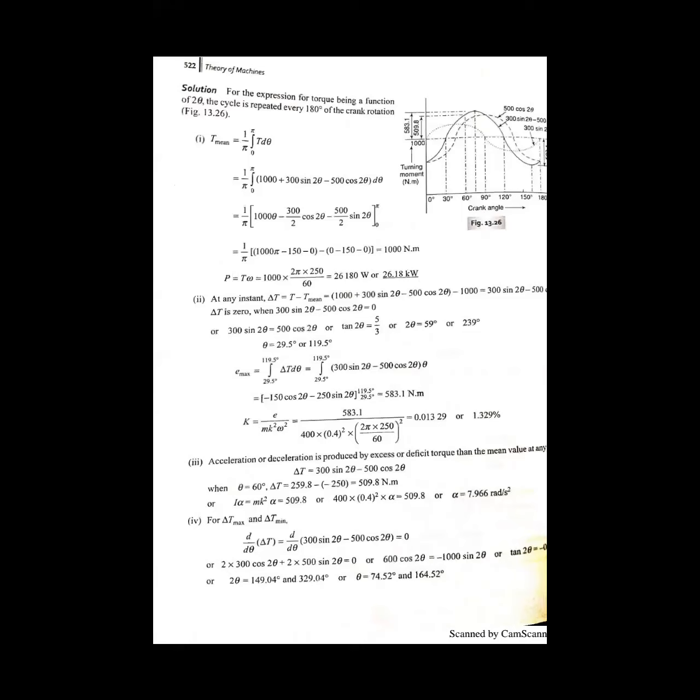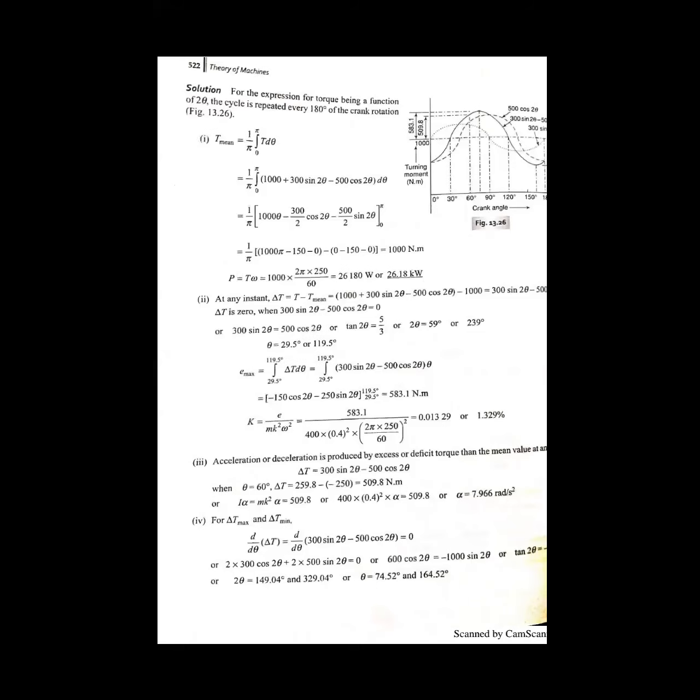Which type of engine is it here? It is a two-stroke engine. In a two-stroke engine, when two strokes are completed, we get one power stroke per revolution of the crank.